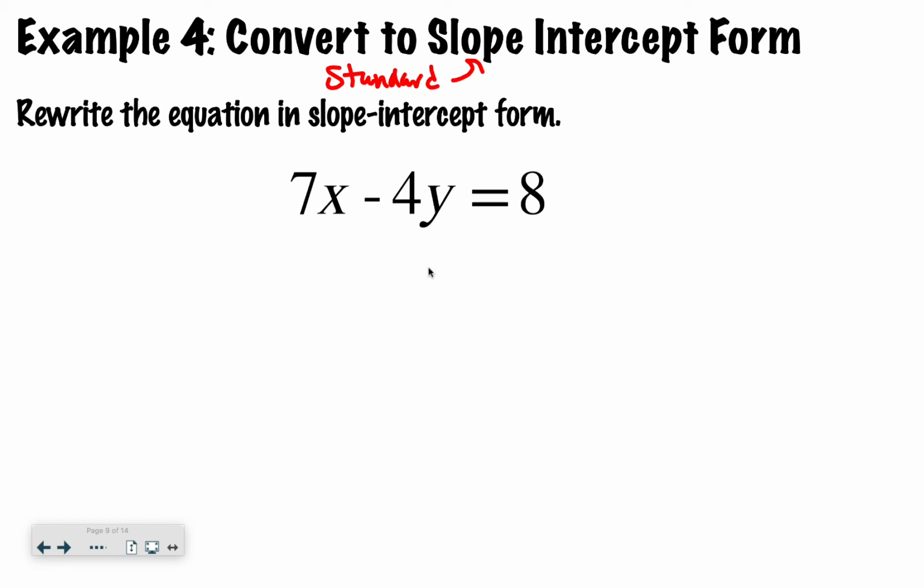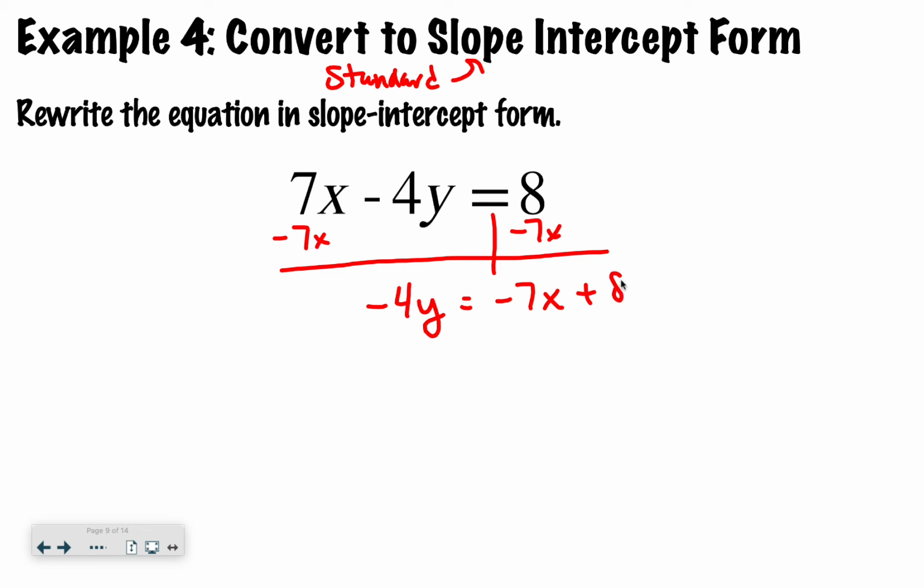to slope-intercept form. Okay, so to go from standard form to slope-intercept form, again, we want y all by itself, so we start by moving the x term. So I have negative 4y equals negative 7x plus 8. And then from there, I see that I have this negative 4y.